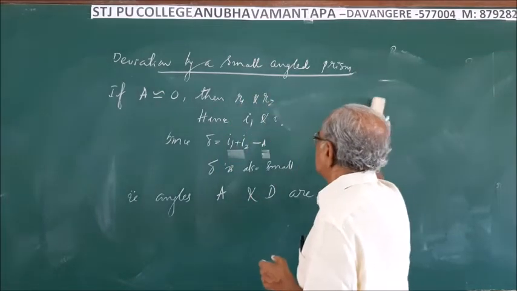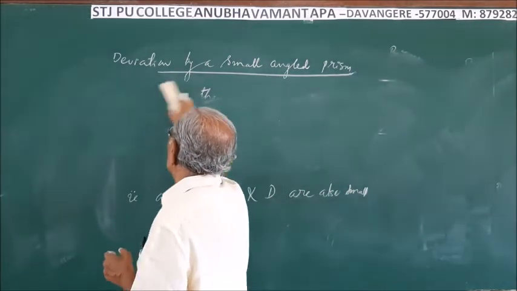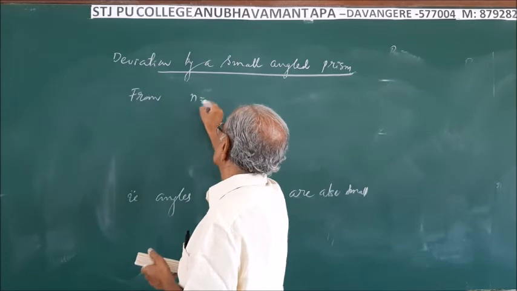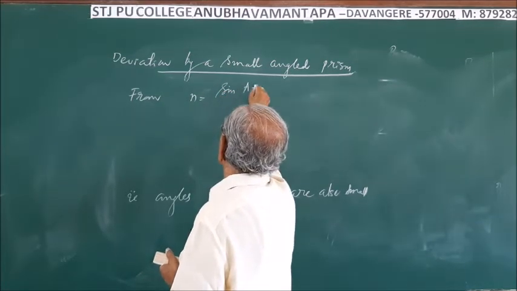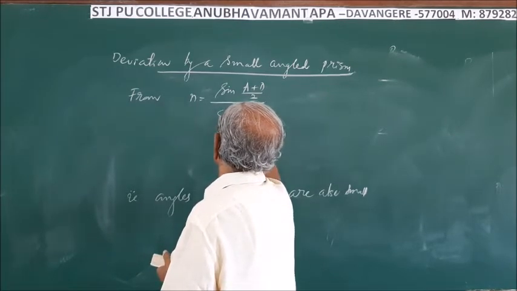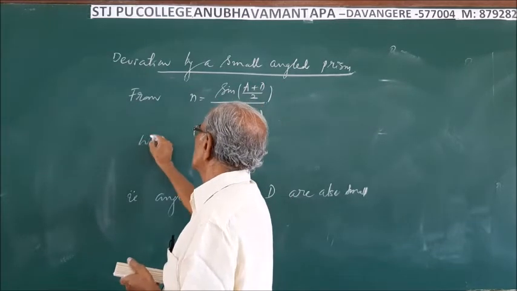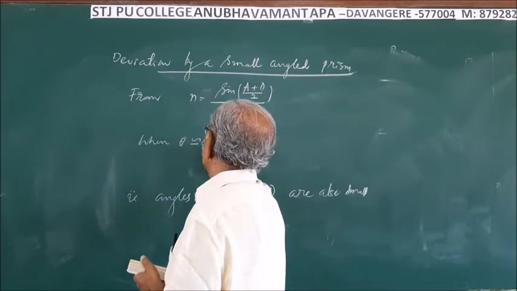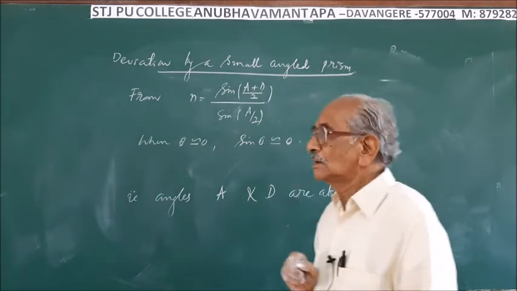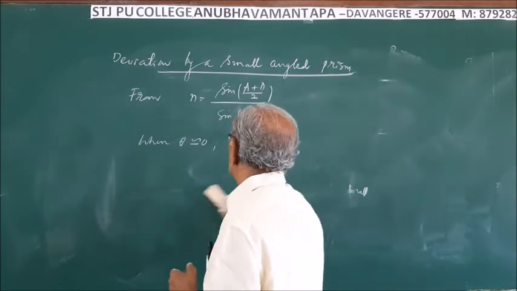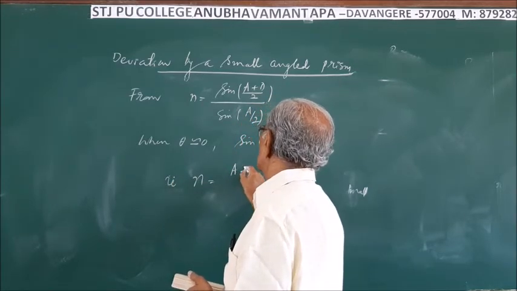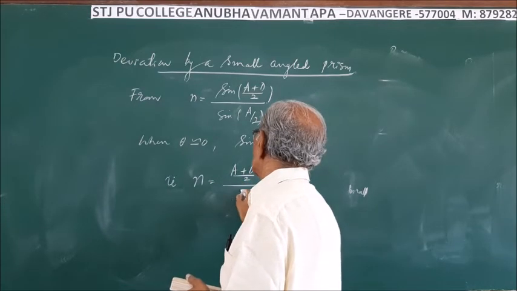Now, from n equals sine of (A plus D) by 2 upon sine of A by 2, when theta is small, sine theta in the limit can be written as theta. Thus, n is (A plus D) by 2 upon A by 2.